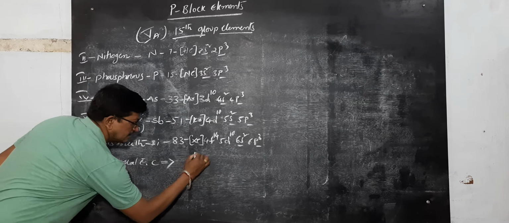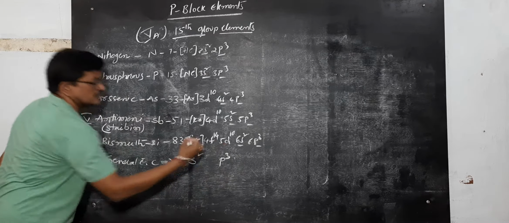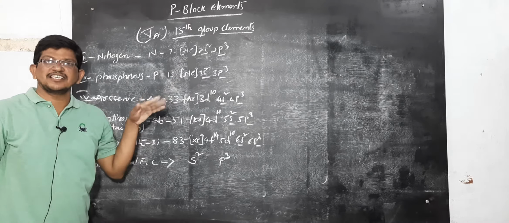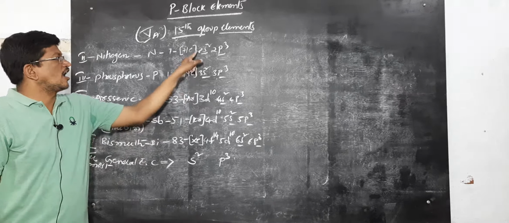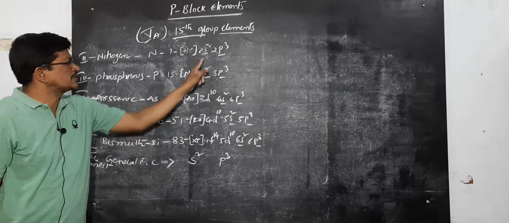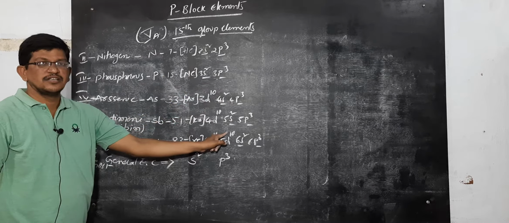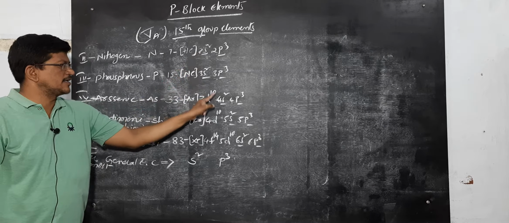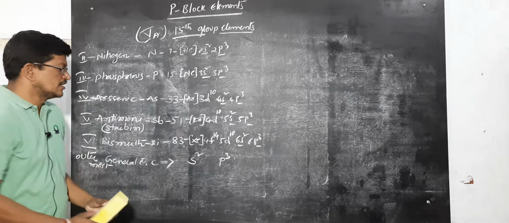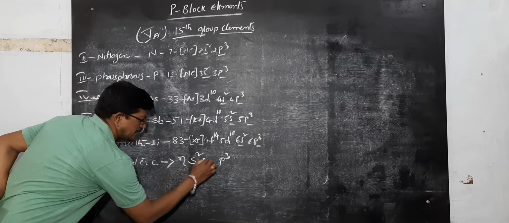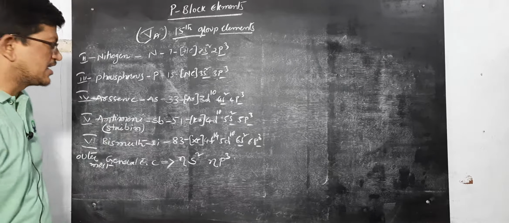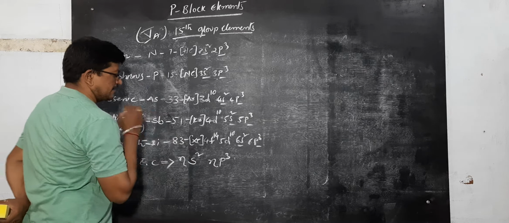Okay, I am writing here s2p3. And here the number changes. We can't say the number, we have to say orbit. So here the orbits are changing: second orbit, third orbit, fourth, fifth and sixth. Generally we represent the orbit by n. So the general electronic configuration was ns2 np3.